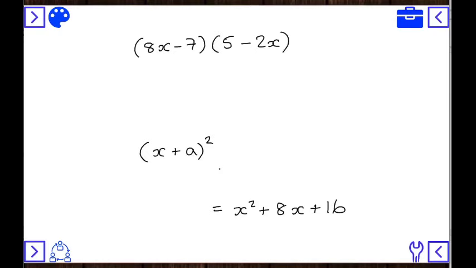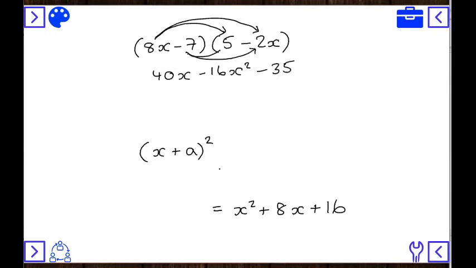So 8x times 5 is 40x, and 8x times negative 2x is minus 16x squared. Negative 7 times 5 is minus 35, and negative 7 multiplied by negative 2x is positive 14x. So this is all jumbled up at the moment, so I'm going to rewrite it in descending powers of x.